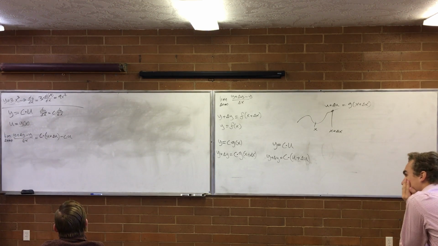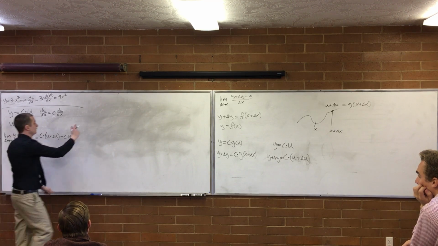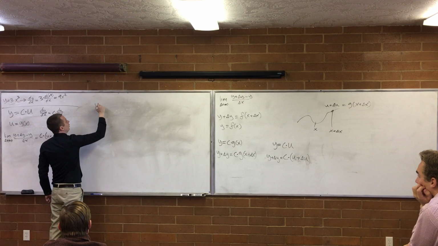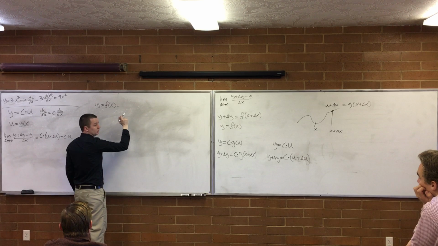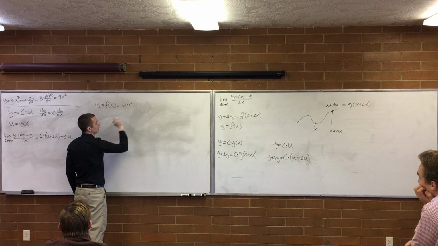What is y plus delta y? Y equals c times u. So let's write this out and be super explicit. I'm going to write y is equal to f of x is equal to u times c.